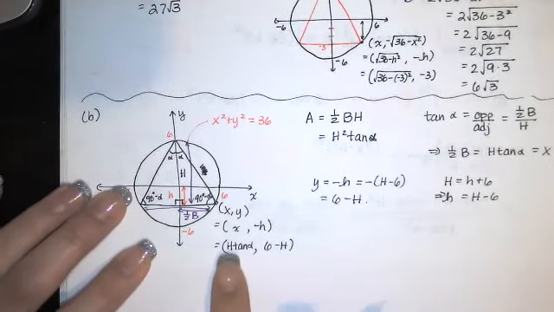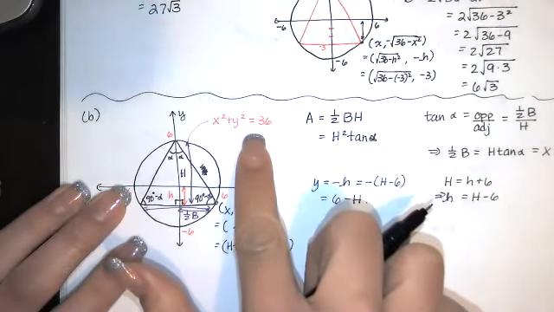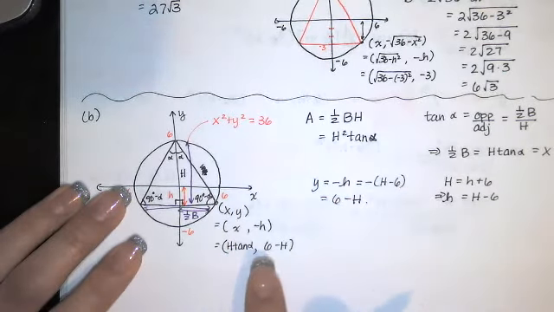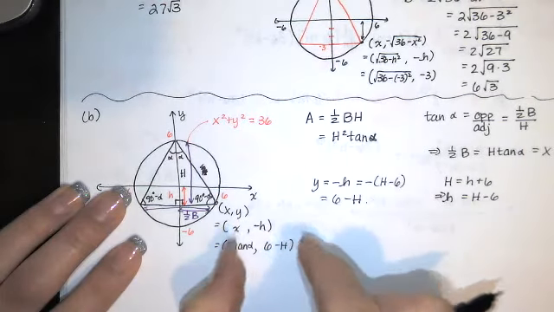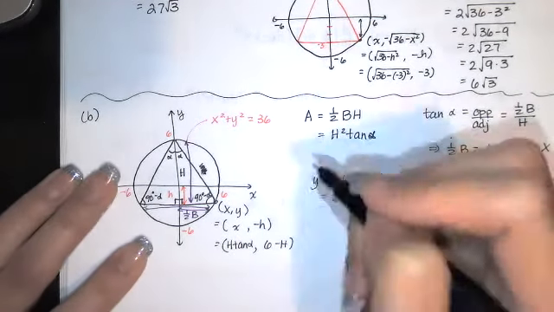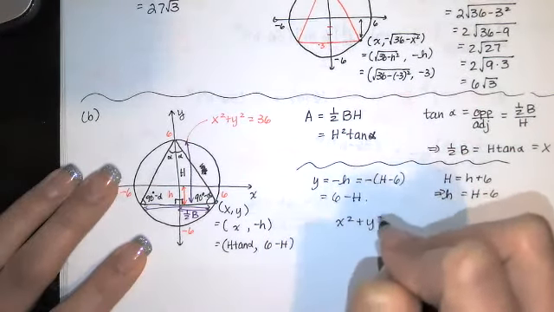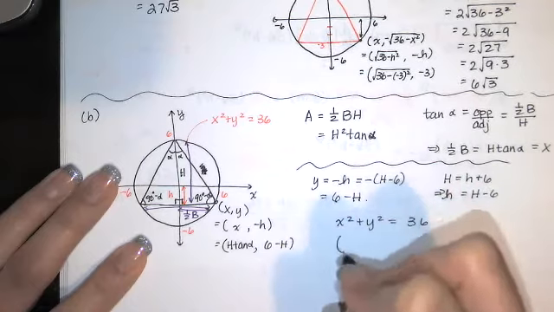Now, since this point is on the circle of radius 6, this satisfies the equation of the circle and this satisfies the equation of the circle. I can substitute these here and I can get h in terms of alpha by simplifying that equation. So I've got x squared plus y squared equals 36.